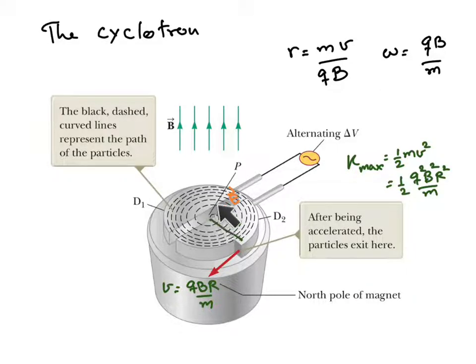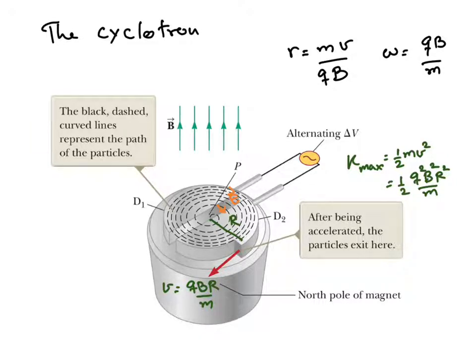This dashed line is the trajectory or the path of the charged particle, and the radius of the trajectory, R, is mv over qB, where m is the mass of the particle, v is the velocity, q is the charge, and B is the magnetic field.